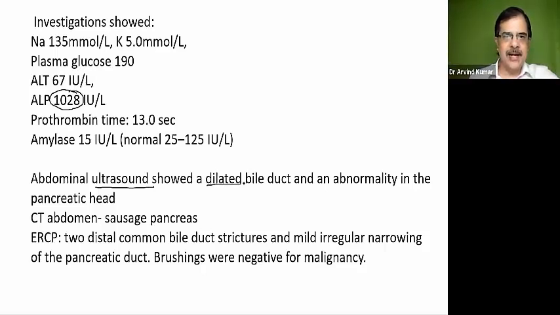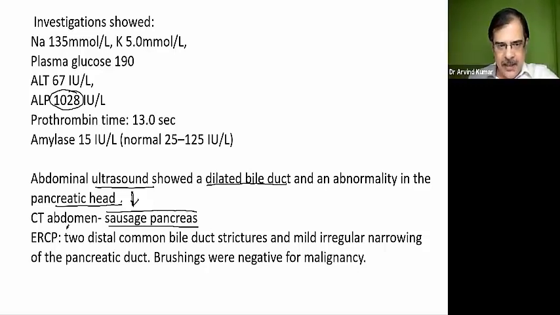Ultrasound shows a dilated bile duct and an abnormality in the pancreatic head, which is not easily picked up by ultrasound, but shows some sort of abnormality. Appropriately, a CT scan of the abdomen was done, and it revealed what is known as the sausage pancreas.